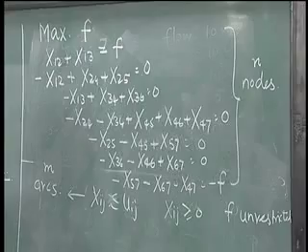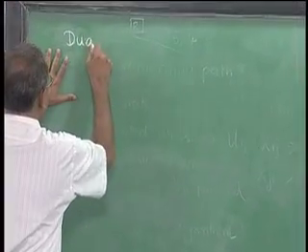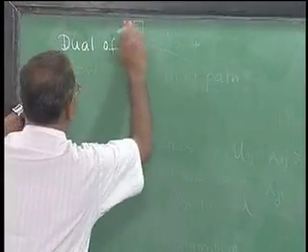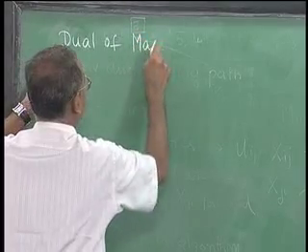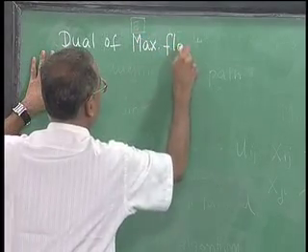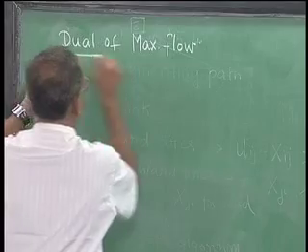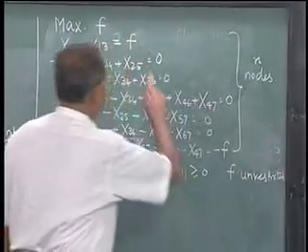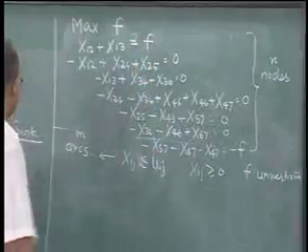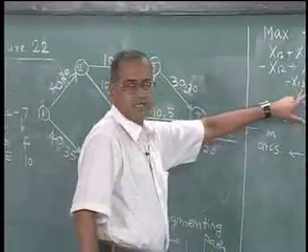Now let us write the dual of this problem. So the dual of the max flow problem will look like this. Now to write the dual of this problem, we now start defining dual variables. Now there are 7 nodes, there are 7 constraints here.